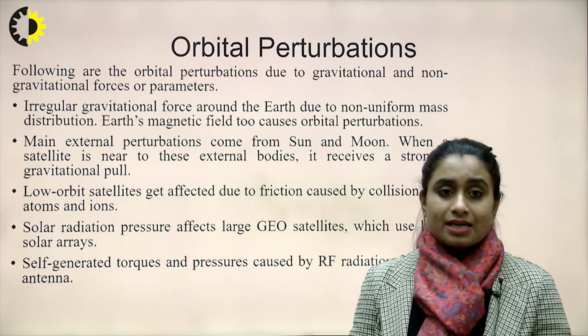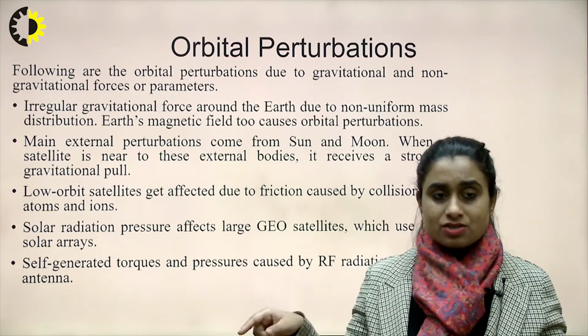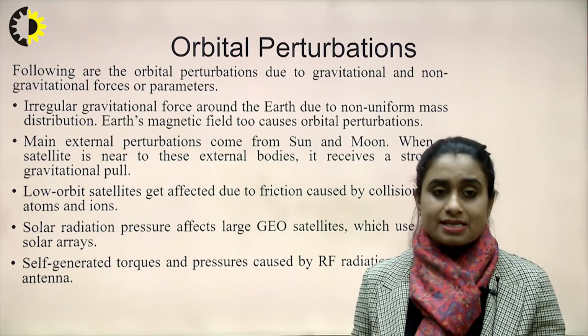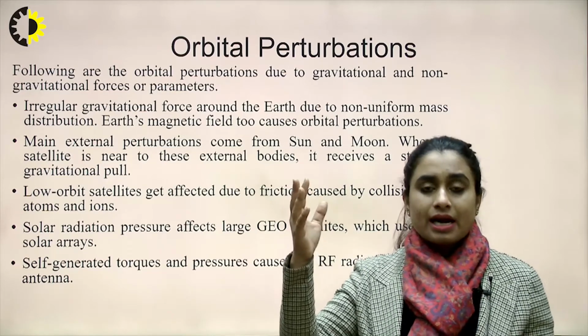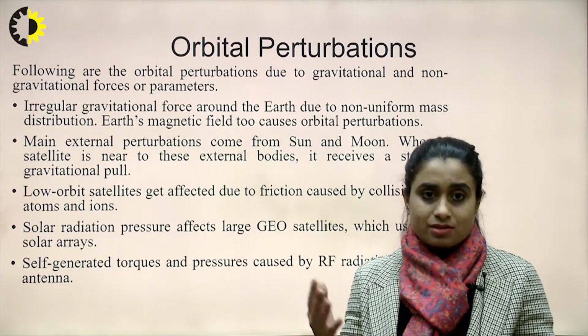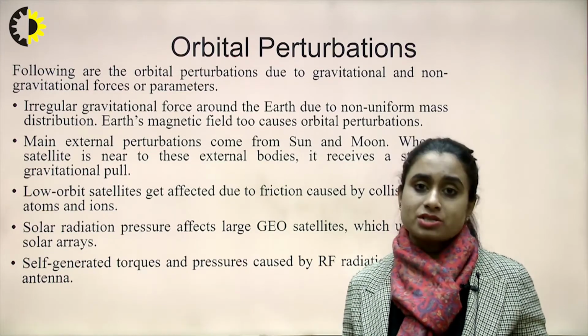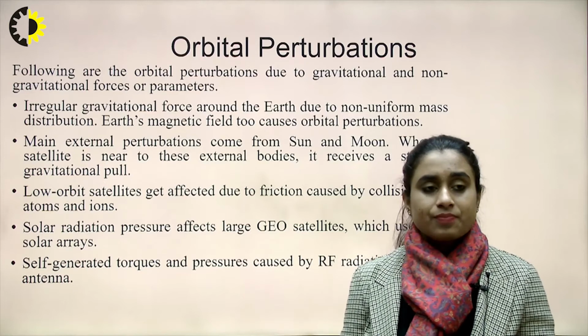Geostationary satellites are somehow bigger in size. They are placed at a particular height that is approximately 36,000 kilometers from Earth's surface. So because of larger solar panels, solar radiation pressures are also larger on them, right?